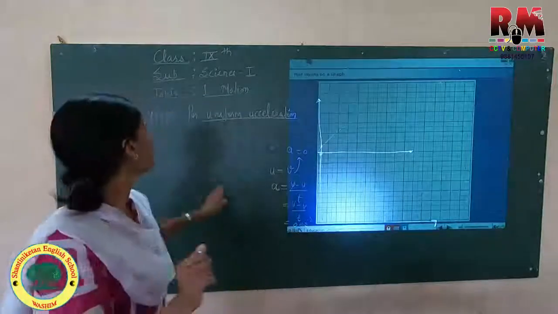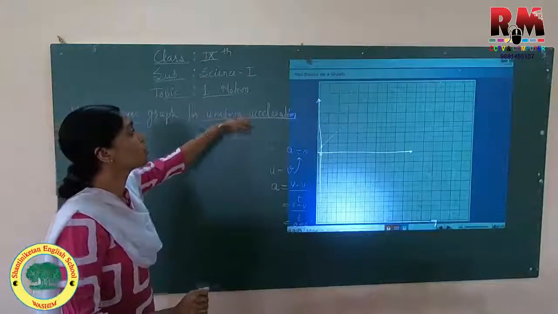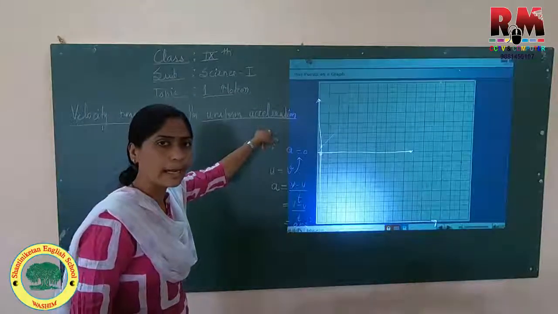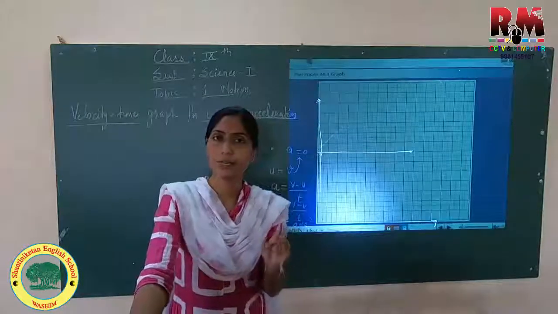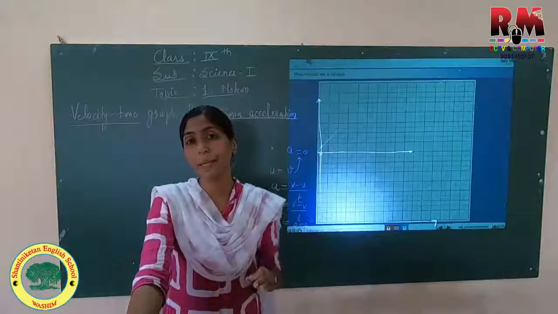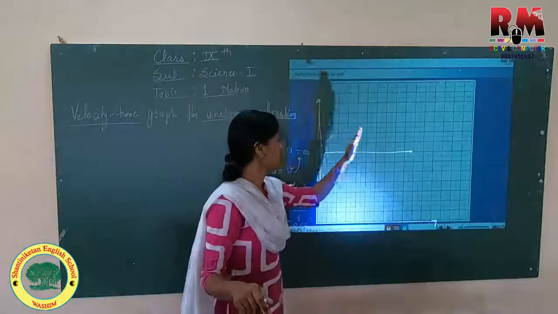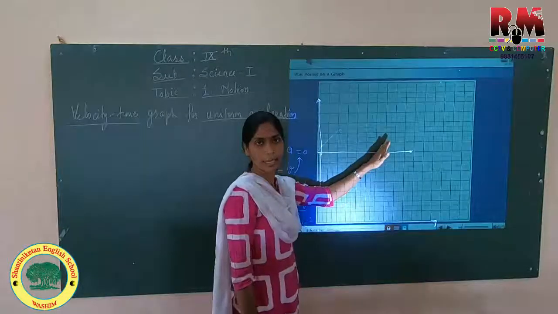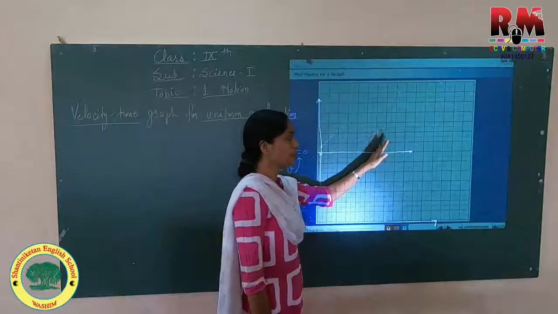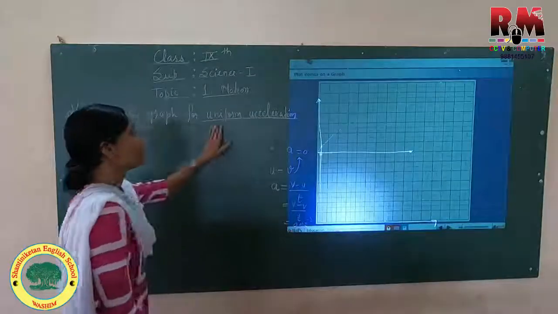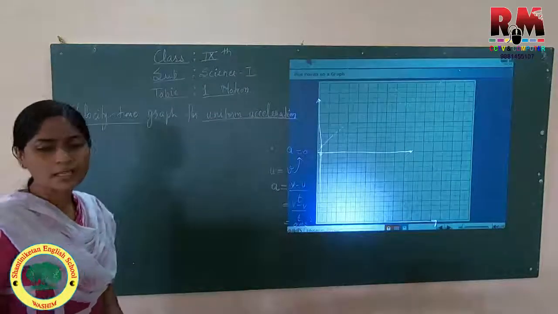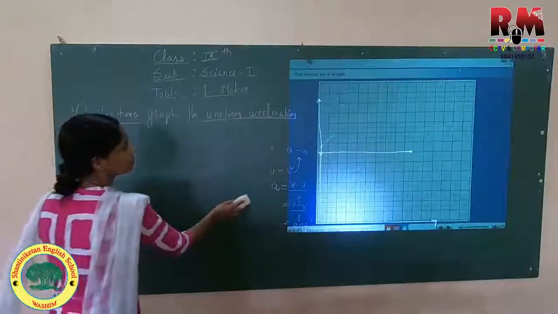Now we are studying velocity time graph for uniform acceleration. You know that we have already studied for uniform speed or uniform motion the distance time graph was coming like this. Correct? Now the same graph we'll get for uniform acceleration. Now let us see.